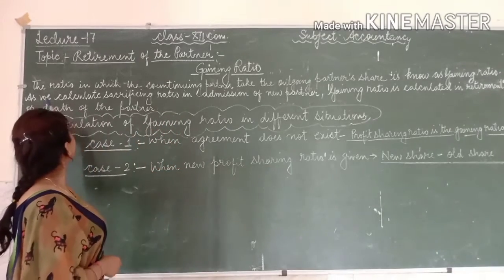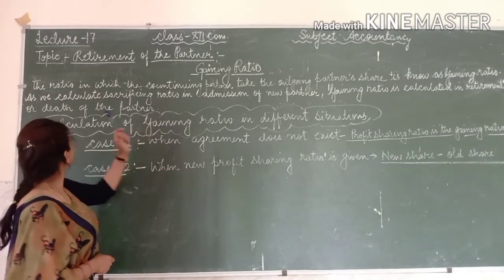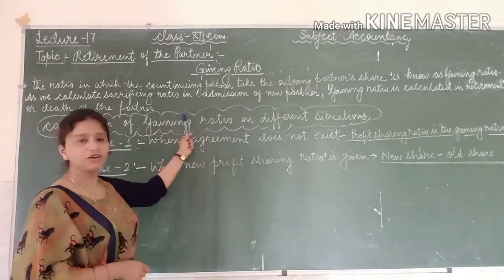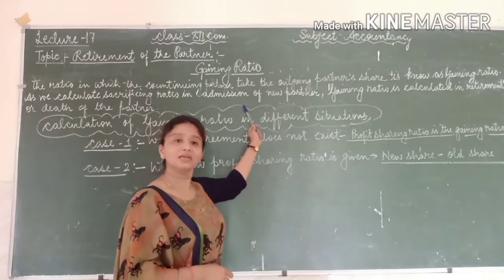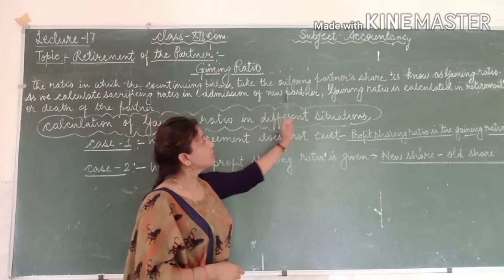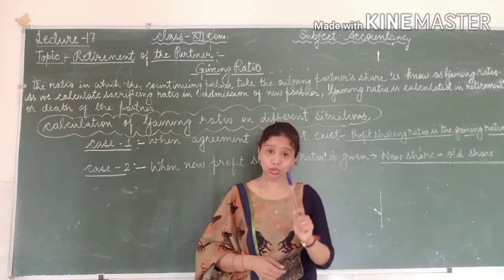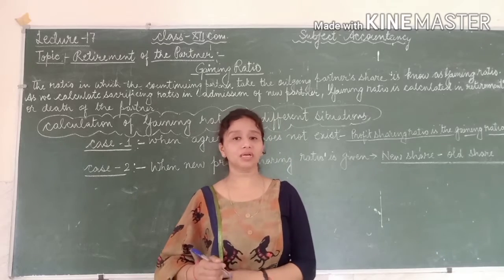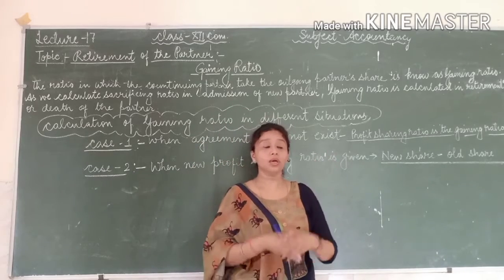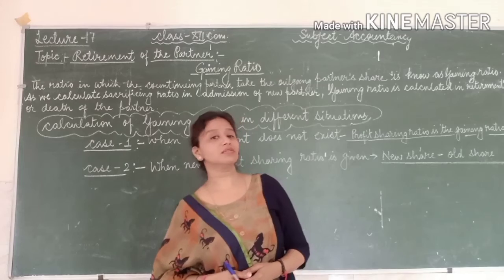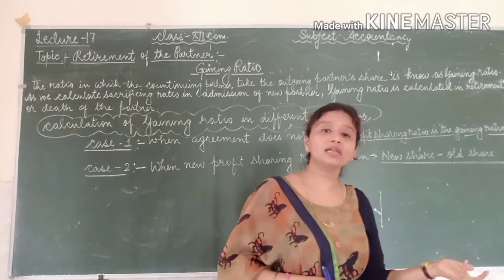As we calculate the sacrificing ratio in the admission of a new partner, the gaining ratio is calculated at the time of retirement. You should be very clear about that, and not confused about when to calculate the sacrificing ratio and when the gaining ratio.